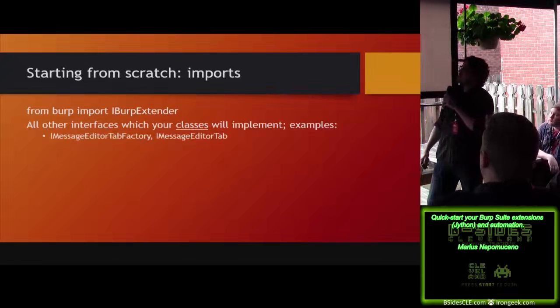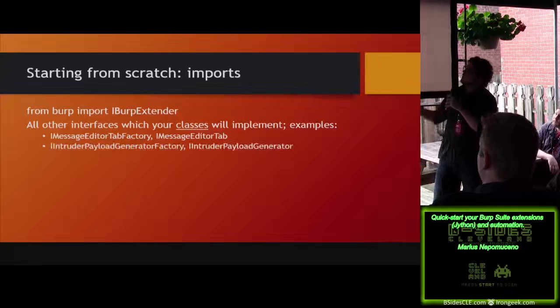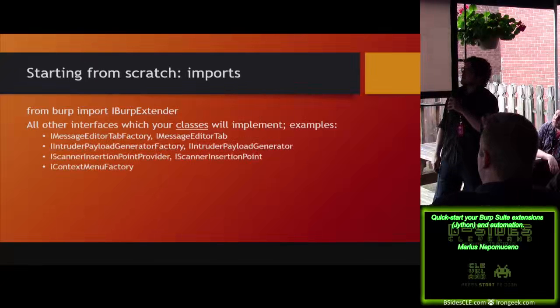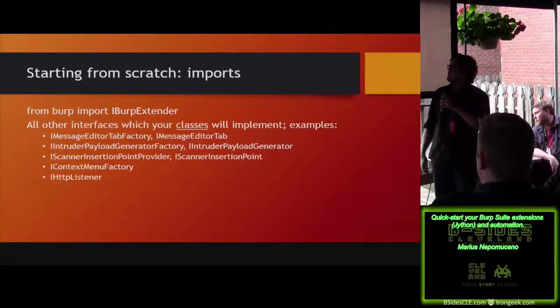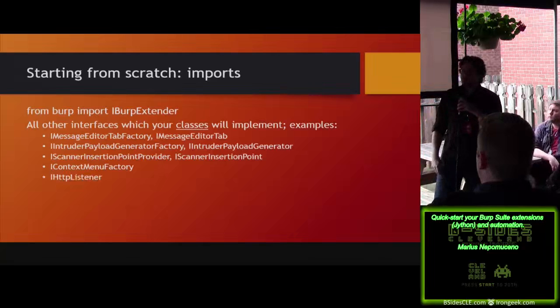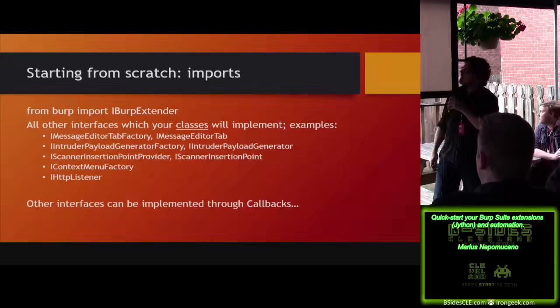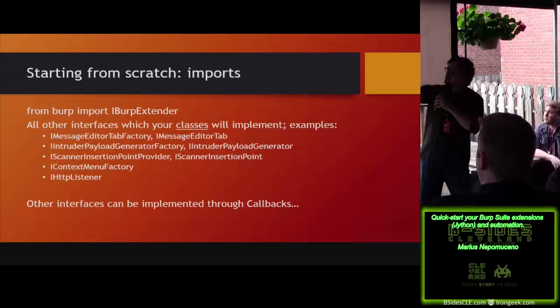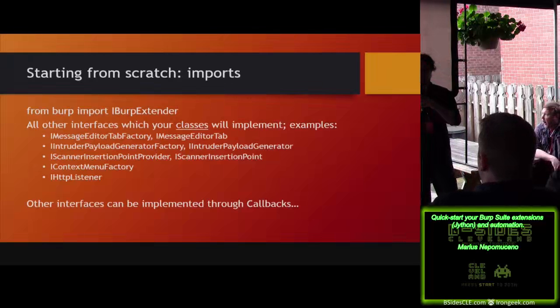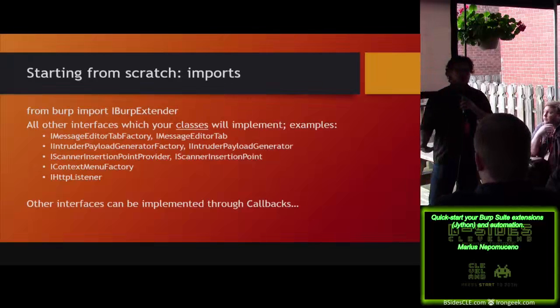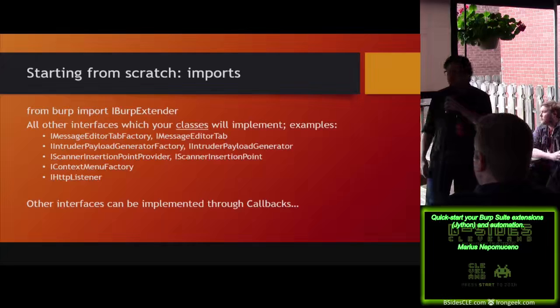The message editor tab factory and message editor tab, intruder payload generation, scanner, insertion points, generators, contacts menu factory, which allows you to include additional menu items into Burp Suite's own right-click menu.